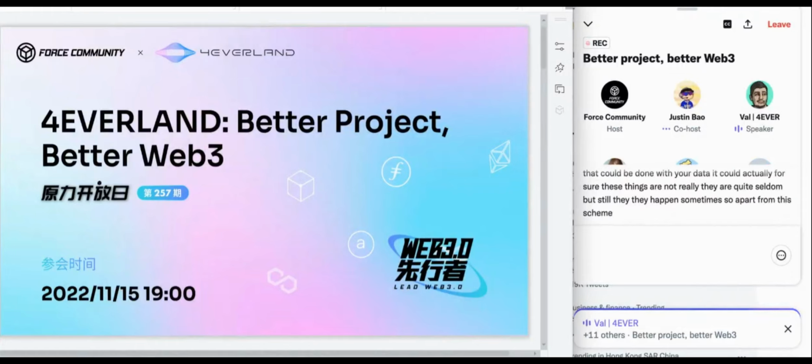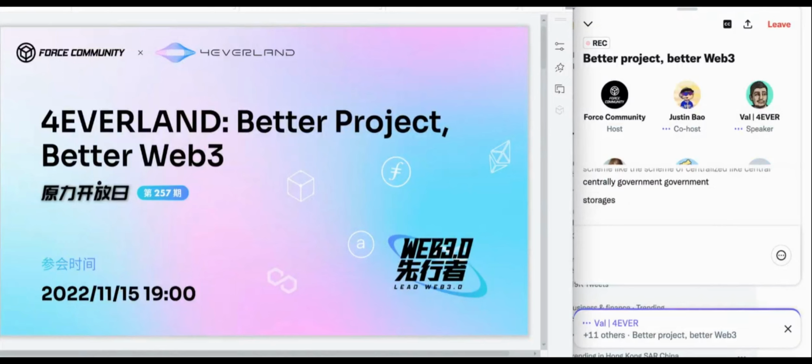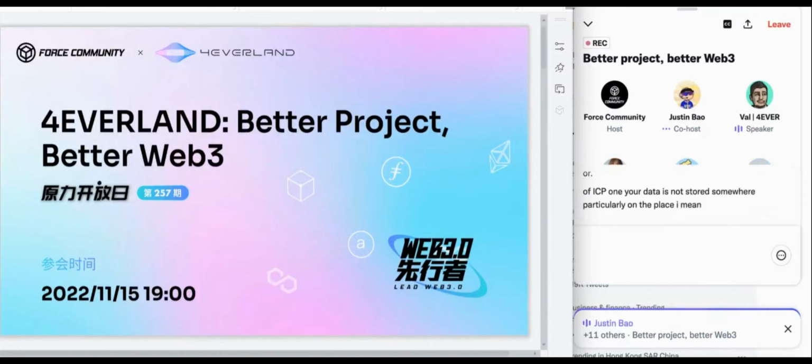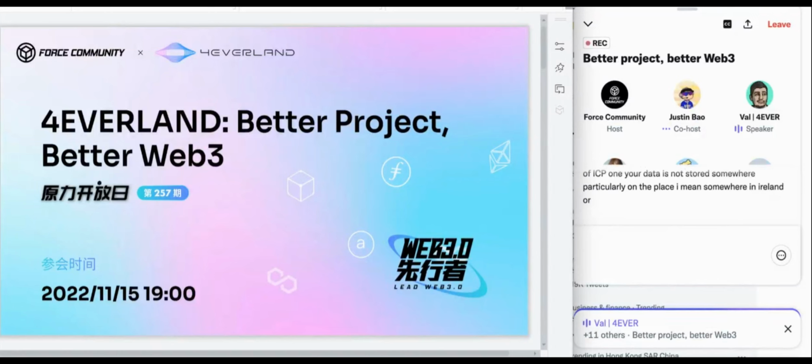So apart from this scheme of centrally governed storage, there's an alternative of IPFS, Arweave, ICP, where your data is not stored in one particular place, somewhere in Ireland or in Canada or anywhere.